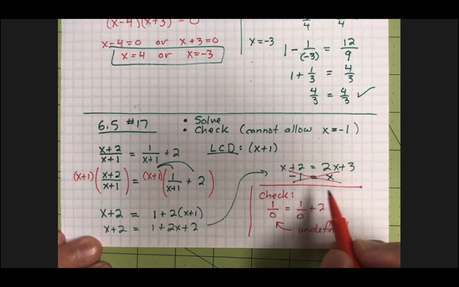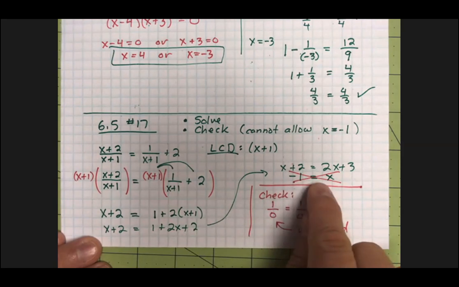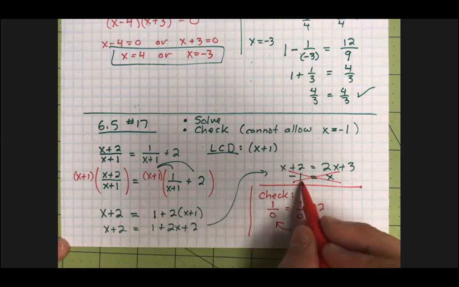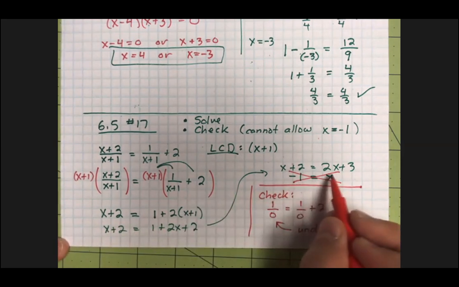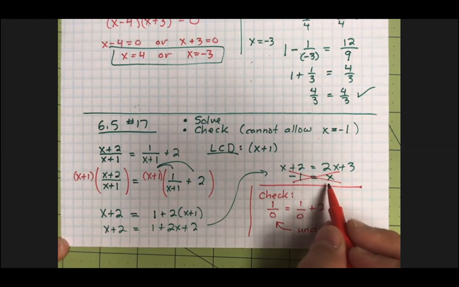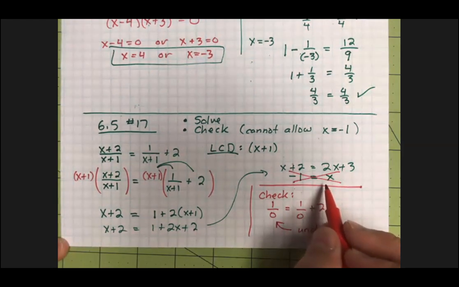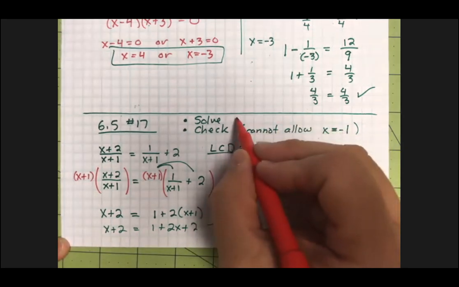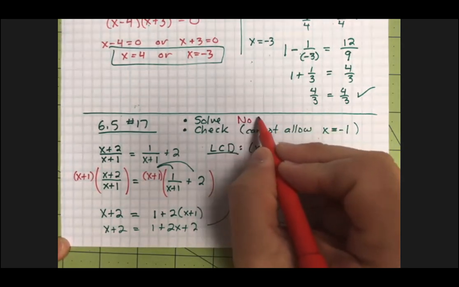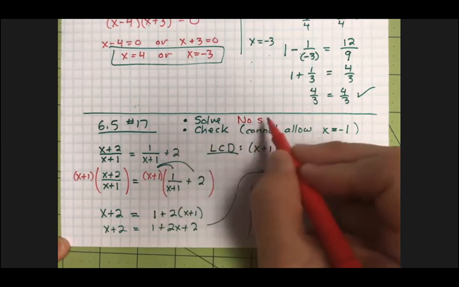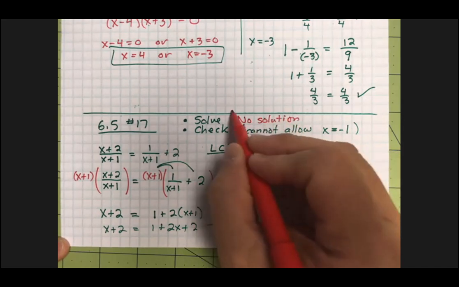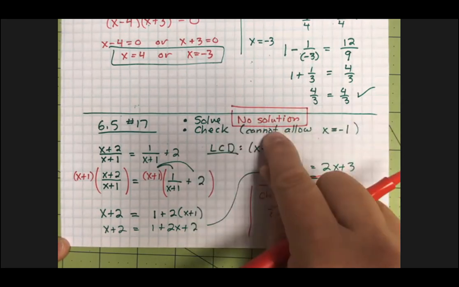Now, what do you do when you did everything right and it doesn't work? It doesn't necessarily mean you made a mistake. If you did everything right and your proposed answer doesn't work, that just means this problem has no solution. This can happen when you have rational expressions like this. It's okay to say that the problem has no solution.